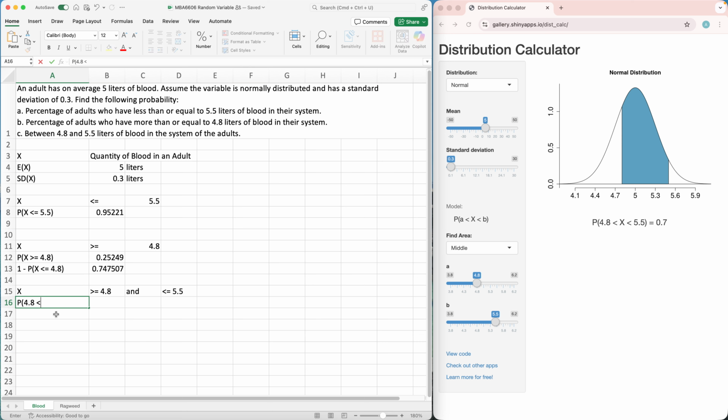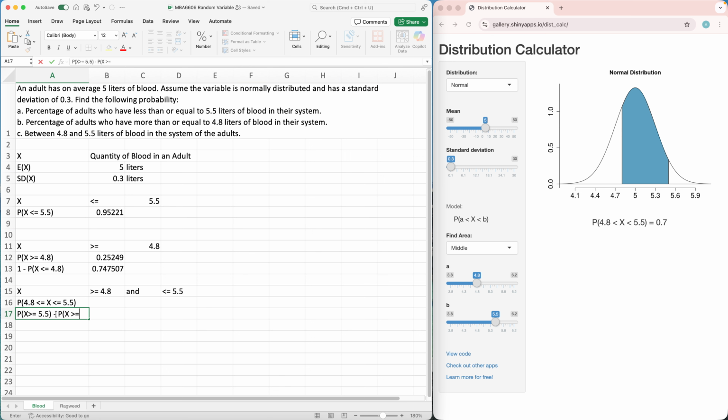x being between 4.8 and 5.5 is the same as the probability of x less than or equal to 5.5 minus the probability of x less than or equal to 4.8.